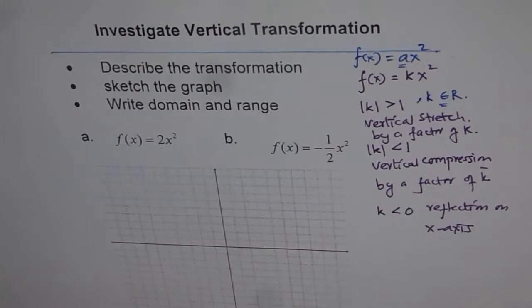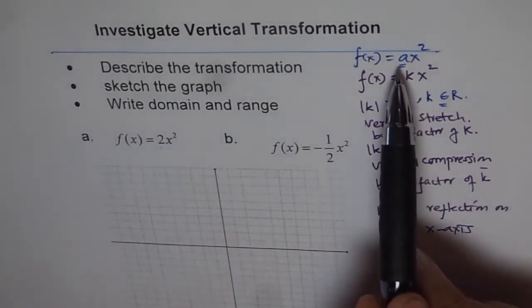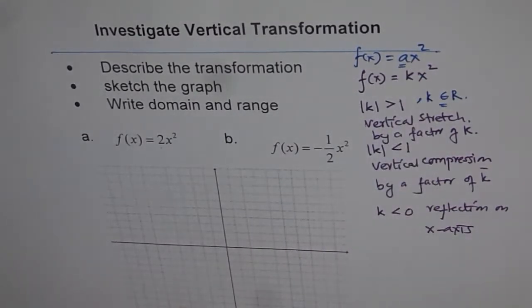What I'm trying to say is any constant which is getting multiplied with the function, that is what you have to see. If that constant is negative, then it means reflection on the x-axis. If the magnitude of the constant is greater than 1, then it's vertical stretch by a factor of that constant. And if the magnitude is less than 1, then it is vertical compression by that factor, right?